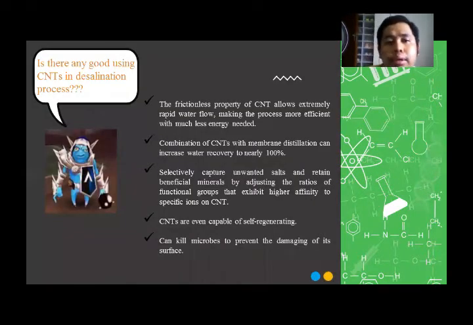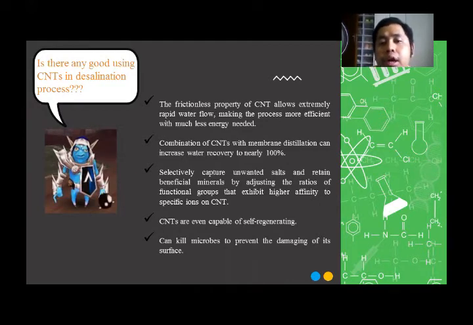So is there any good if we use the CNT in the process? Of course, yes. Firstly, the frictionless property of CNT allows extremely rapid water flow, making the process more efficient with much less energy needed.